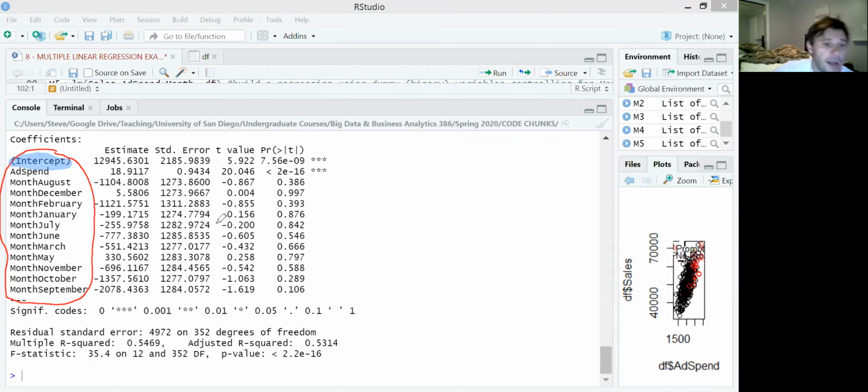Now, the other thing to notice is when we controlled for seasonality, it looks like some months result in reductions in sales. Other months we have increases in sales predicted by whether or not it's that month or not, right? These are all dummy variables. So the way to interpret this value, 330.5602 on May, says that when we go from it not being May to being May, when we switch from April to May, that causes sales to go up by about 330 units on average, holding all the other factors fixed.